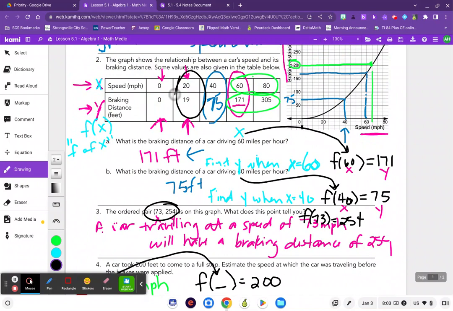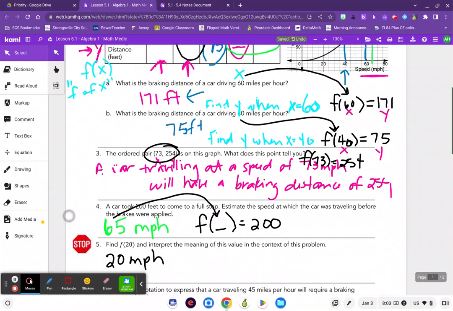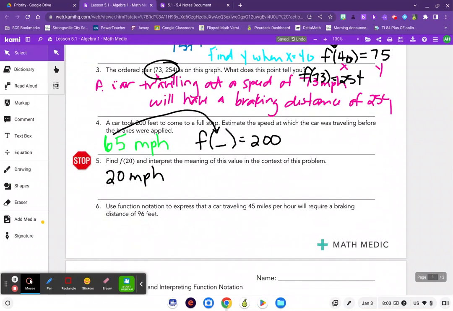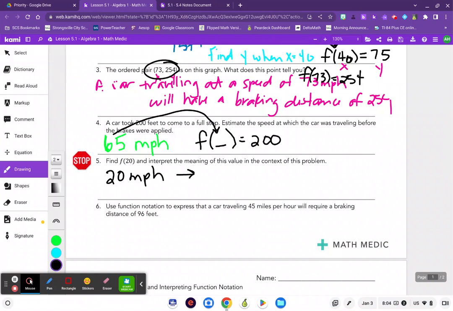My table has 20, 19. And so if I'm traveling 20 miles per hour, then I'm going to have a braking distance of 19 feet. In other words, f of 20 equals 19.